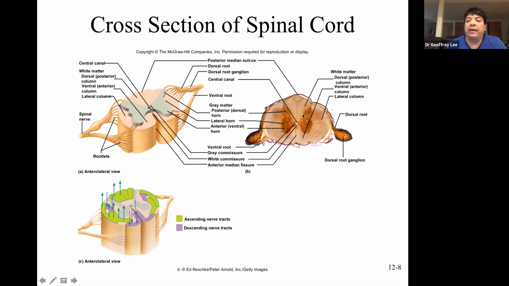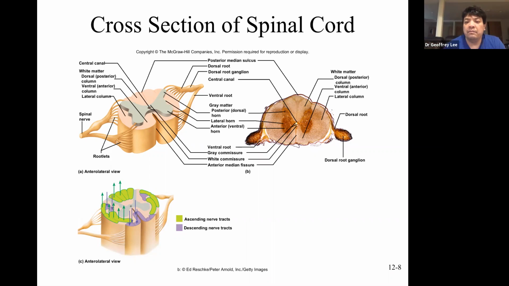So you see gray matter forming a butterfly-looking shape, surrounded by white matter. And those are myelinated axons that move up and down as part of our superhighway of signals, sensory signals coming up, motor signals coming down.